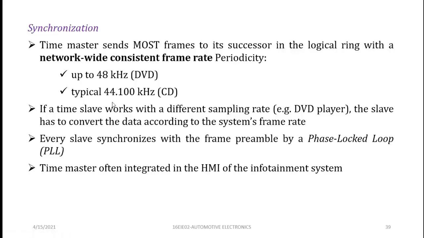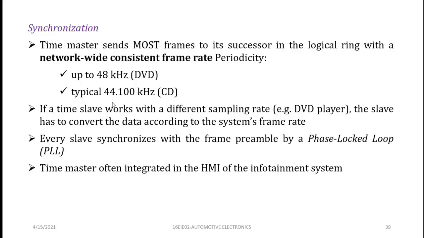And if the timing slave works with a different sampling rate, the slave has to convert the data according to the system frame rate. So you would have seen in vehicles the media control. We used to have the media control. In that we used to change the channel. If you want to have radio, it used to play.